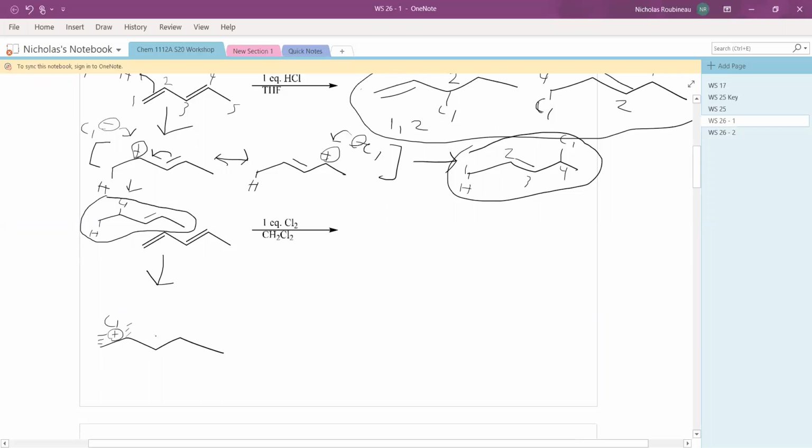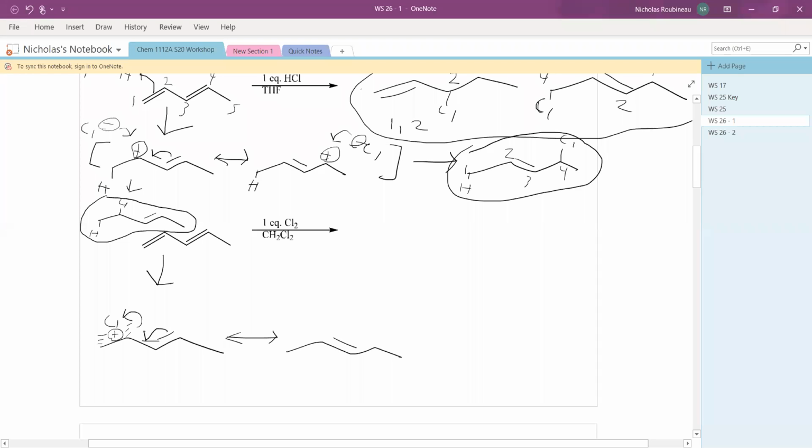And then there's a positive charge here that's shared between everything. And you can basically think of the resonance form doing something like this. You don't have to worry about showing a mechanism, but I'm just trying to show you how you can think of it happening with the resonance form.